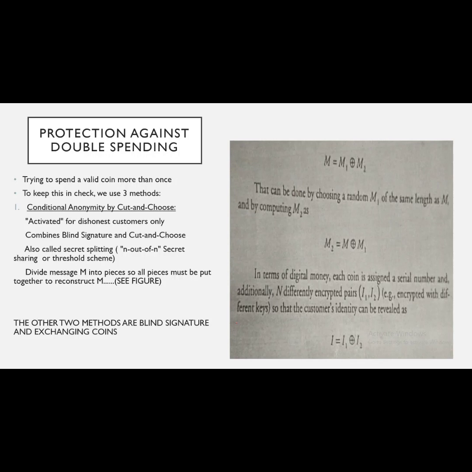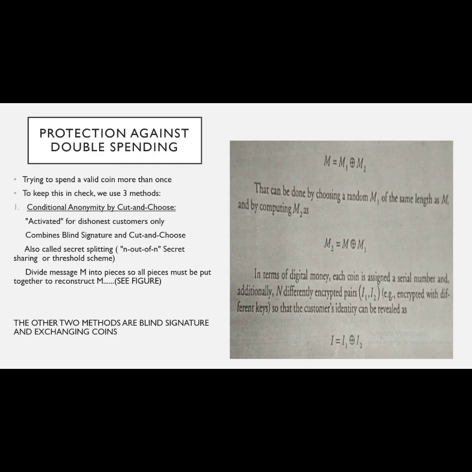So the currency server refuses to give him any more anonymous coins for the digital coin he has illegally procured. This is what basically happens to protect against double spending.